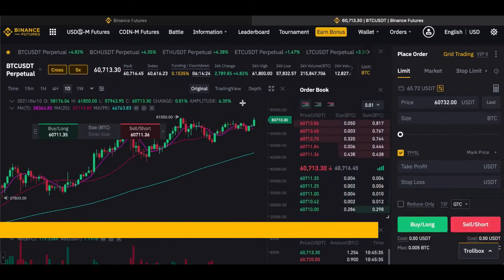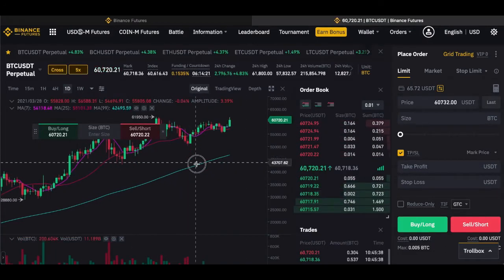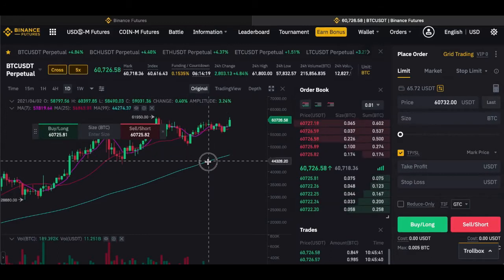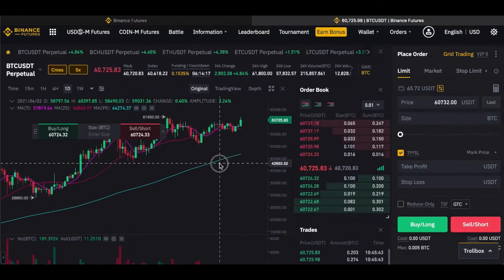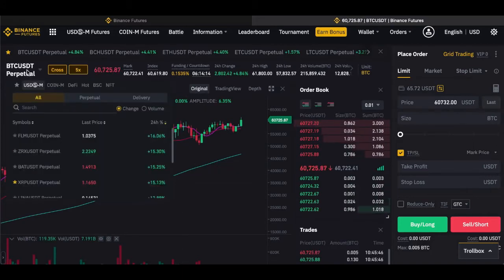So if you want to open a long position, for example, and you really don't want to close your position for a long time, then you might want to choose the perpetual future. It just goes on and your trade will never come to an end unless you actually go ahead and come out of your position.